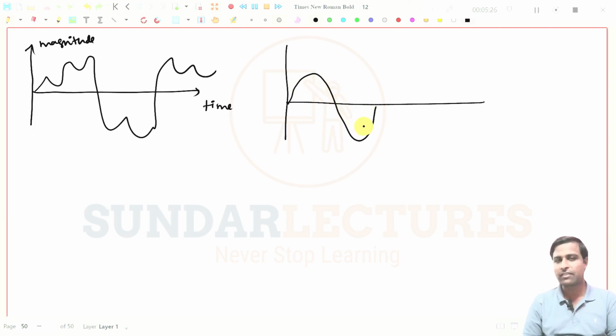Because it varies with respect to time, we call it an AC quantity, and this other waveform is also an AC quantity. Many students assume that only a sinusoidal waveform is an alternating quantity. No, this is also an alternating quantity. Anyhow, we will come back here.